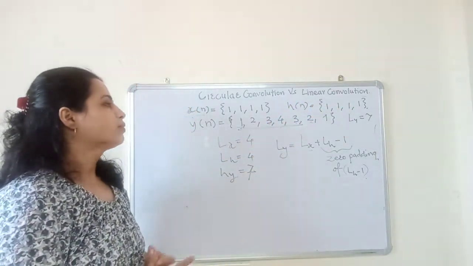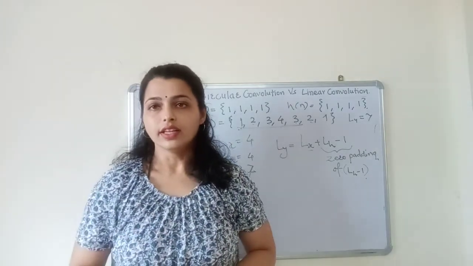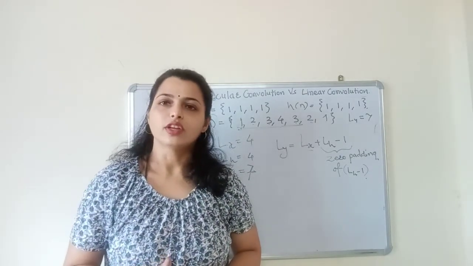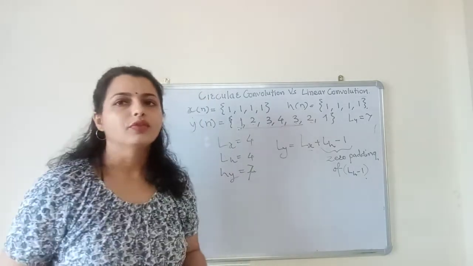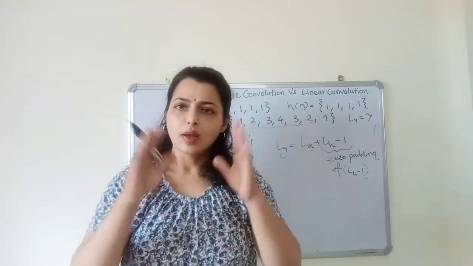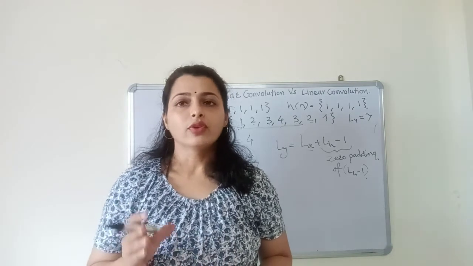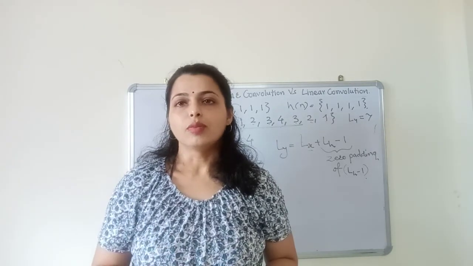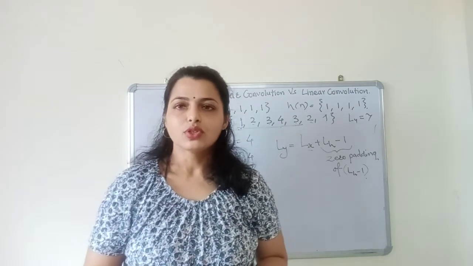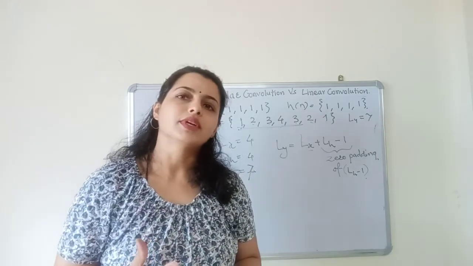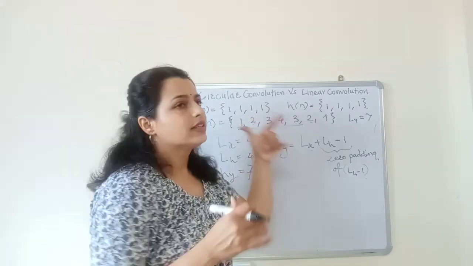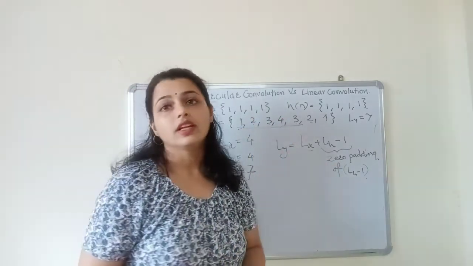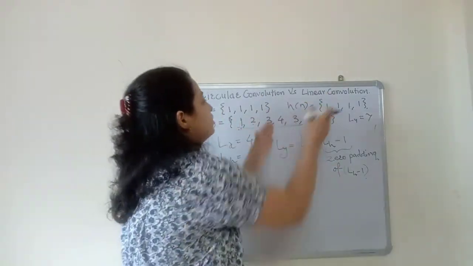So this method is called finding linear convolution using circular convolution. And why is circular convolution used? Because we find this with the matrix method, so calculations are easy to perform on a computer. So circular convolution is a fast method to find the convolution, but the exact output is not obtained if you keep the length the same.